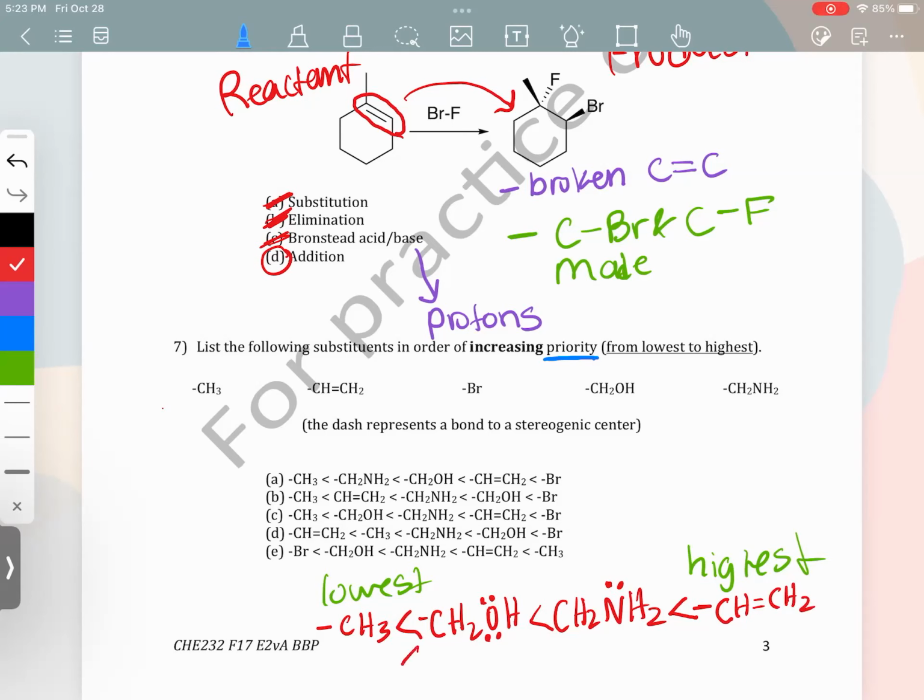And lastly, your highest priority would be the bromine because it's the biggest atom. So the answer choice that matches that is C. Any questions?